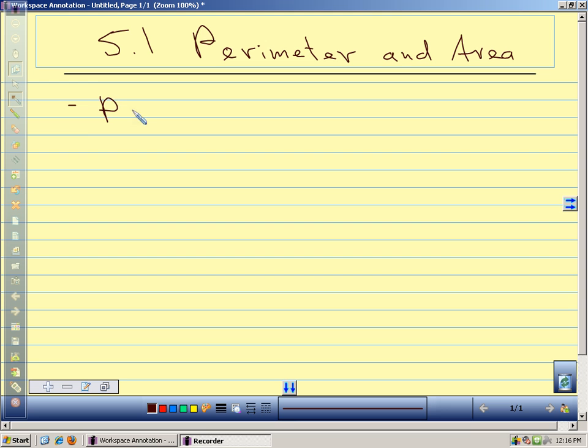So for perimeter, we decided that a good definition of perimeter was how far around the outside, if we're talking just in everyday terms. And if we look at the word perimeter, peri means around, and meter comes from measure.